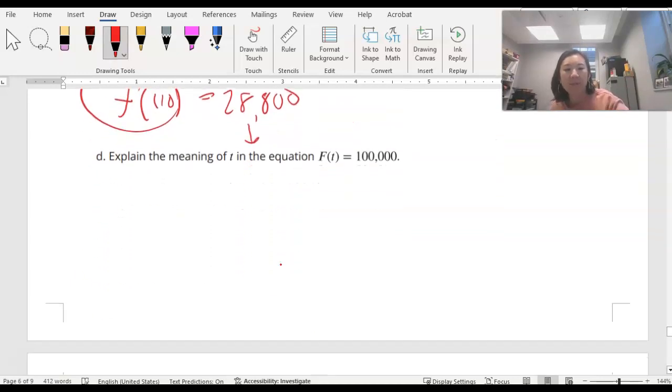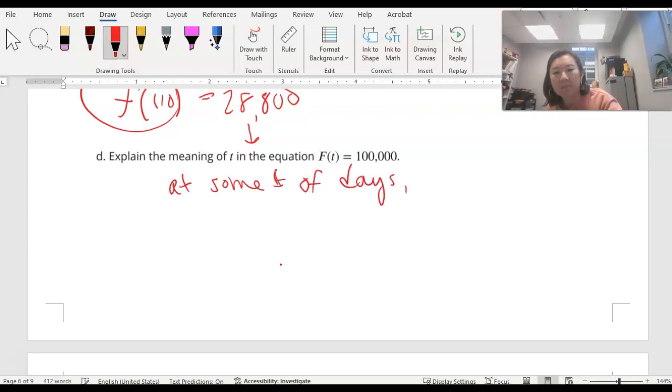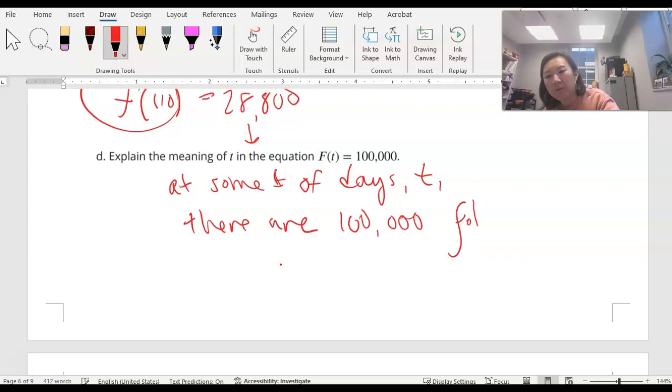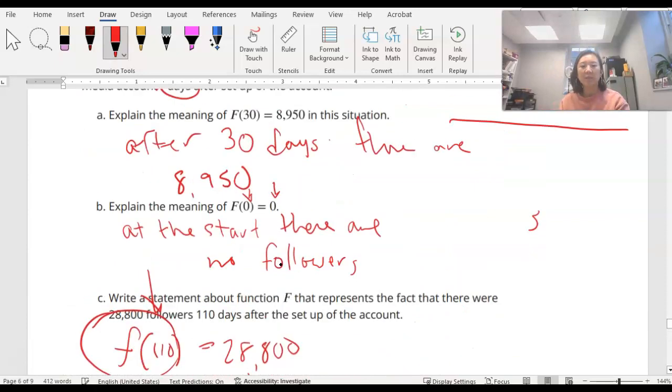And then it says explain the meaning of this equation, f of t equals 100,000. So this is at some number of days, represented by t, there are 100,000 followers. All right, that is it for your homework.